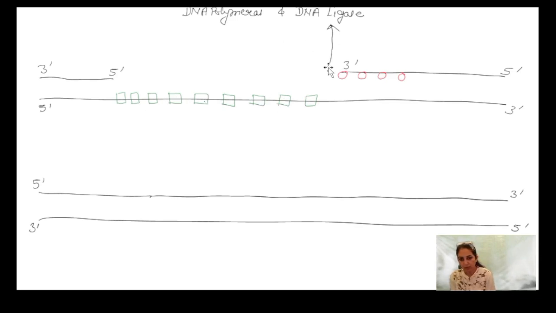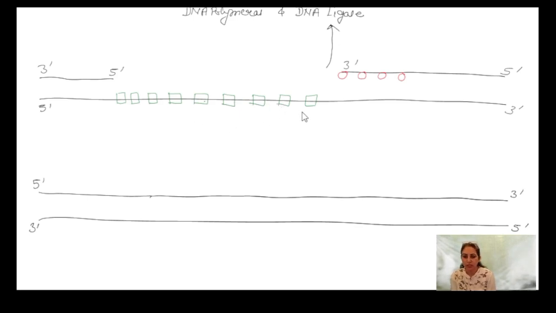When all the nucleotides get attached, then with the help of DNA ligase, these two ends are ligated. So ultimately we get the complete new DNA molecule, even when both its strands have been broken, with the help of the sequences present in the complementary strand.